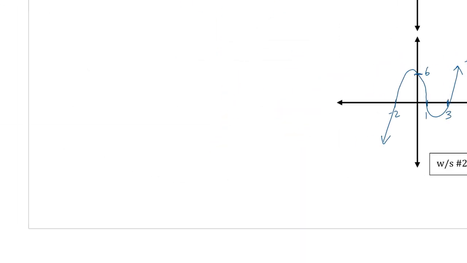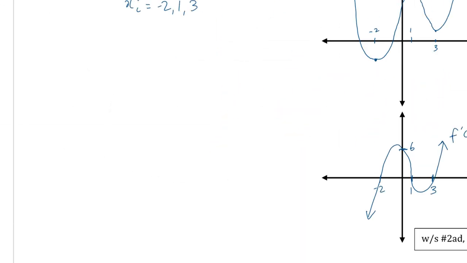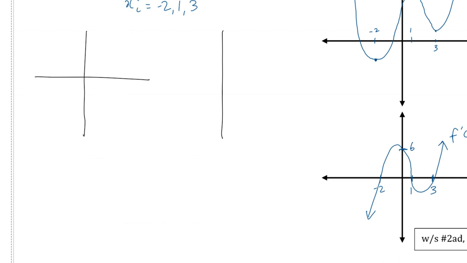I'm going to do one more thing. I'm just going to sketch it over here. I was talking before about cusps and vertical tangent lines. I think after doing this exercise, this will make more sense. These are 2 original functions.